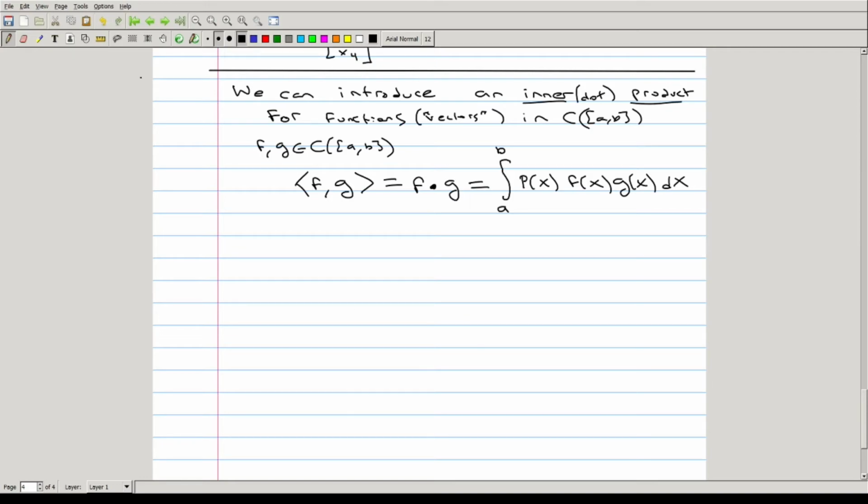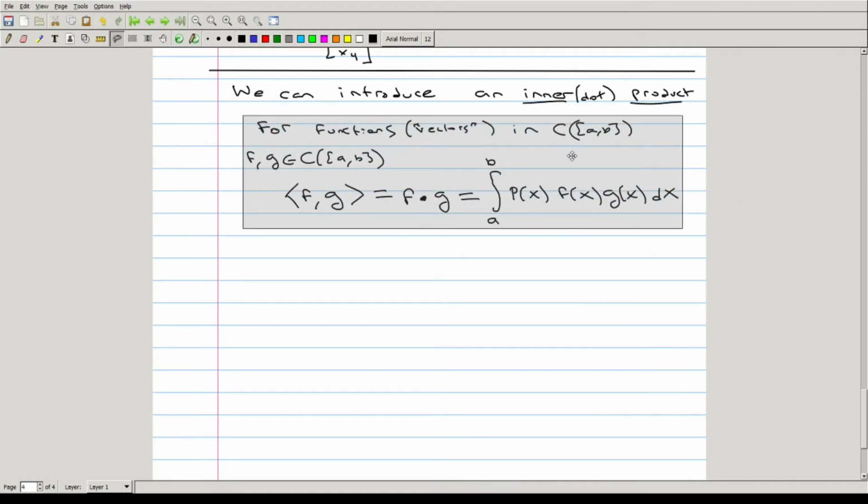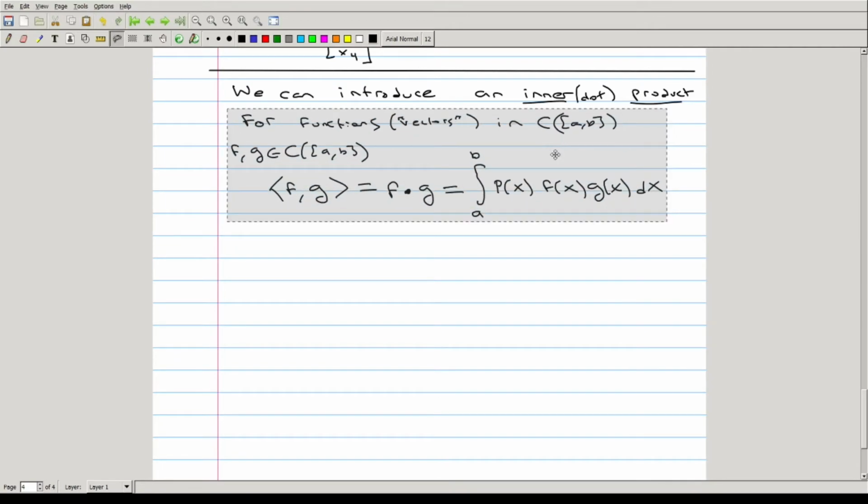And I should be specific here. This is an inner product or a dot product with a weight function p of x.